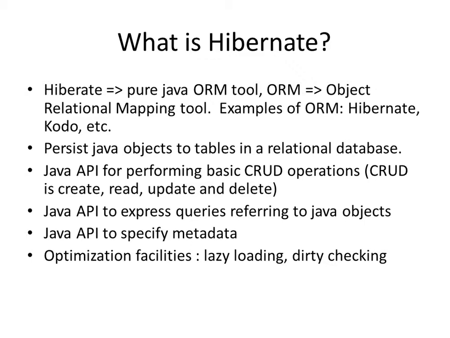Lazy loading means when two objects are associated with one another, like let's say you have an object A which is associated with object B. Object A is using object B, but when you load object A, you don't load object B till you actually need object B. So anything which is associated or related will be loaded only when it is needed. So if A is referring to B, B will not be loaded till A actually uses B.